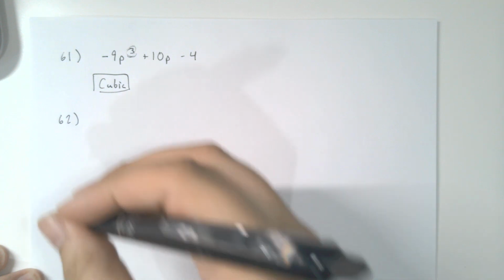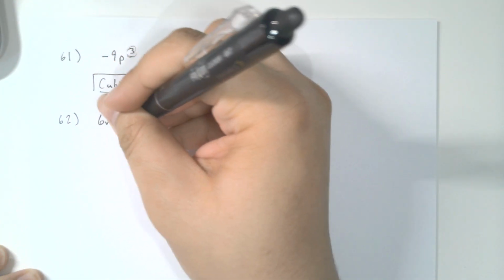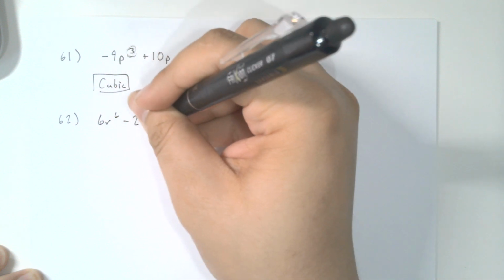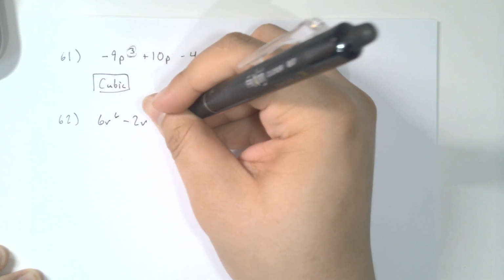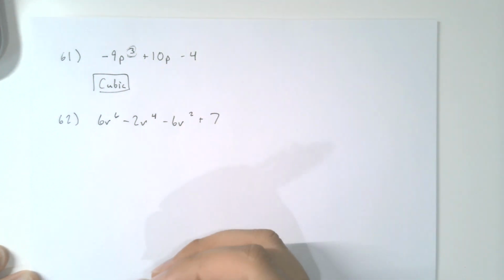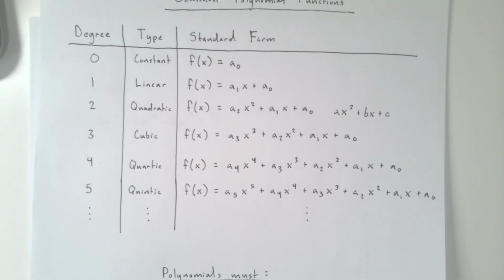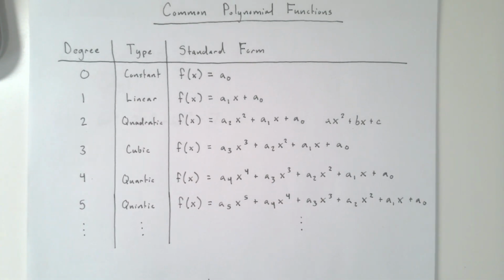For number 62, we have 6v to the 6th minus 2v to the 4th minus 6v squared plus 7. If we look back at our chart here, I don't have a name for degree 6. As far as I'm aware, there isn't actually a name for it.